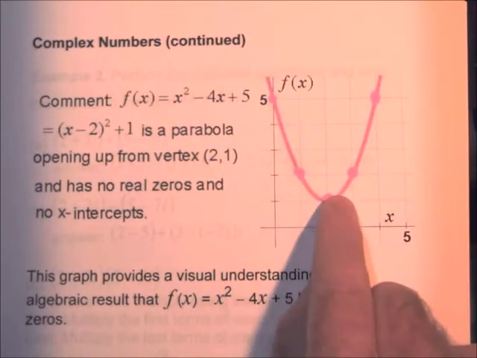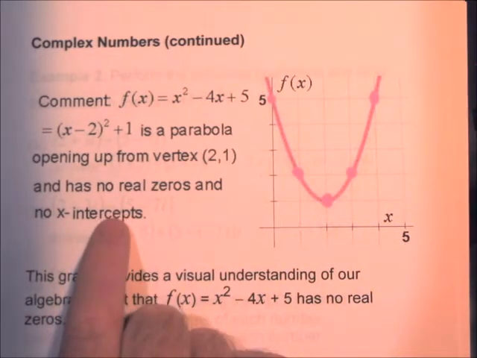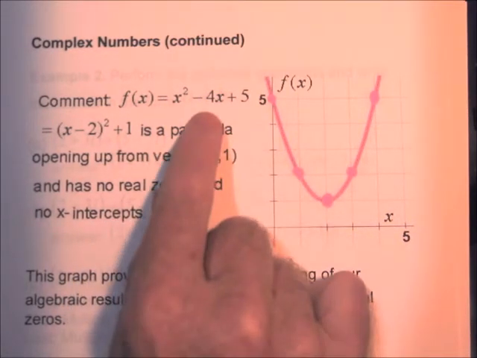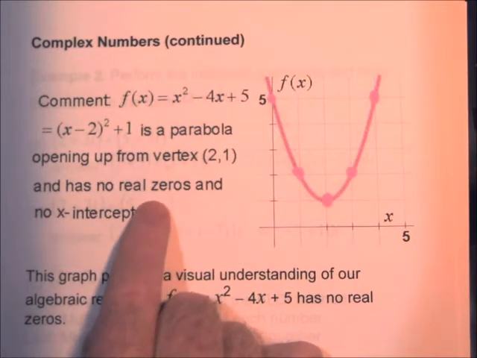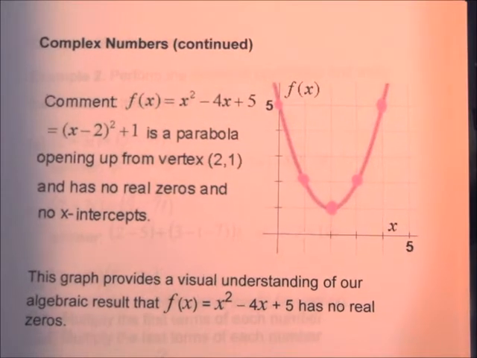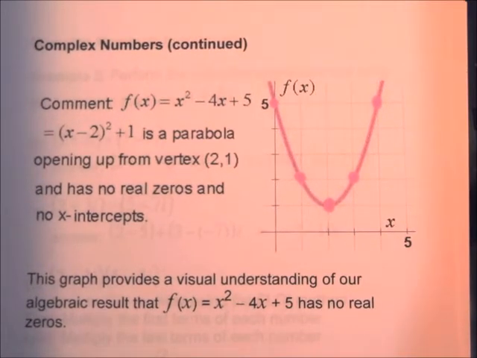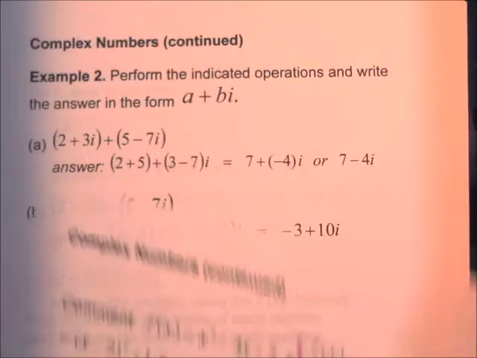There's no way for this to cross the x-axis. And this sort of confirms what we found out before. When we set this equal to 0 and solve for x, we got no real zeros. We had two complex zeros, but no real zeros. So there's no x-intercepts and no real zeros for this polynomial.